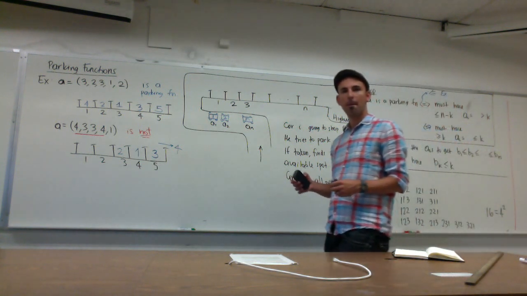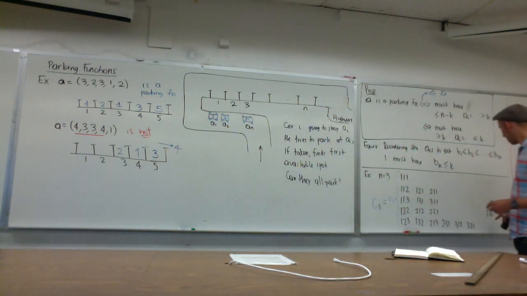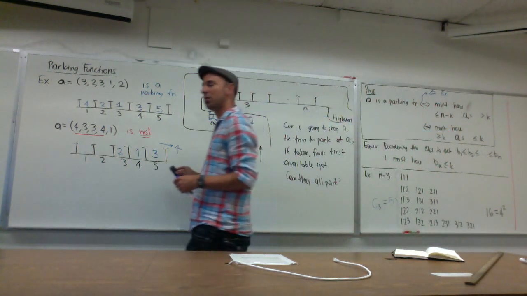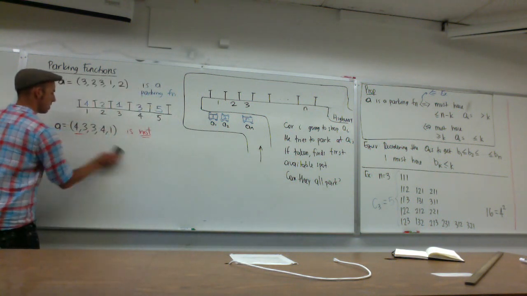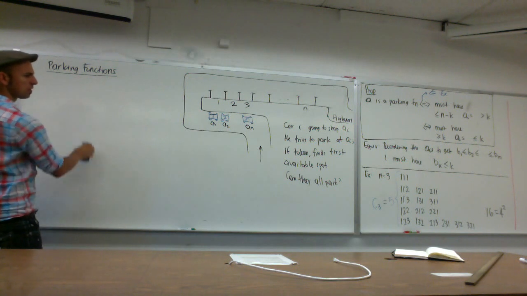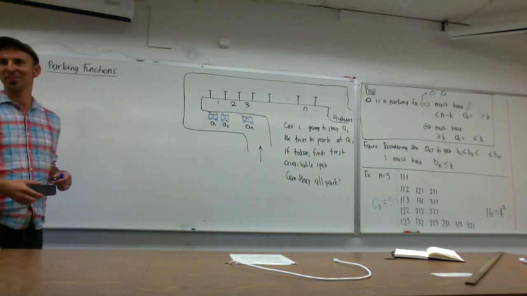What did you say was the number of parking functions? The number of parking functions, in this case, is 16, and what I'm going to state is that in general, it's n to the n minus 2. But n has 3. Oh, n plus 1 to the n minus 1. Yeah.